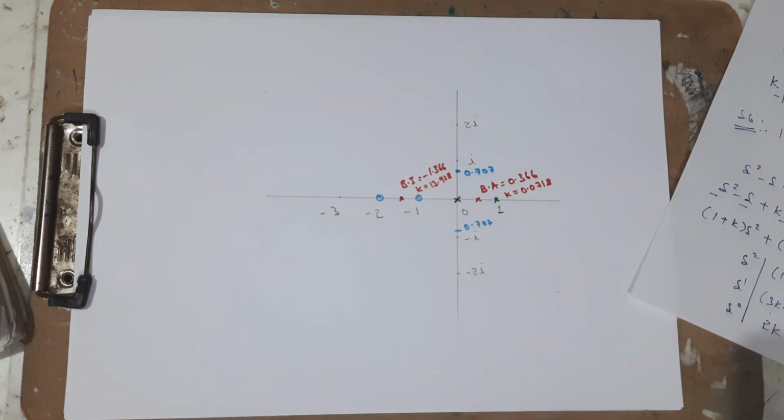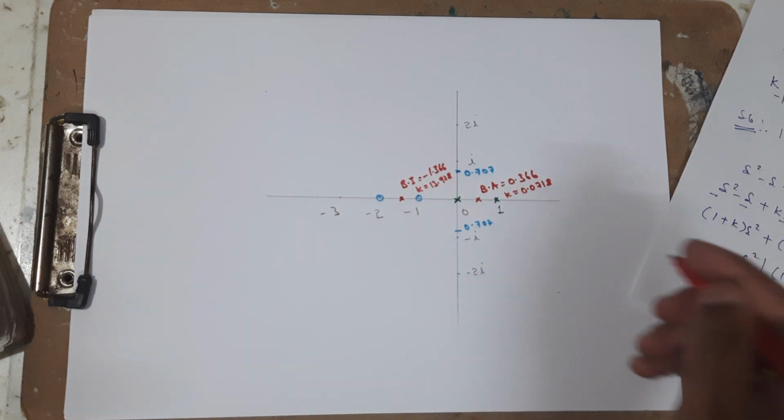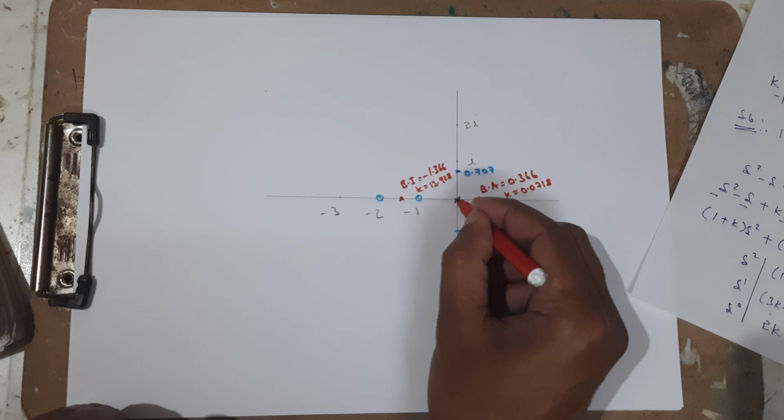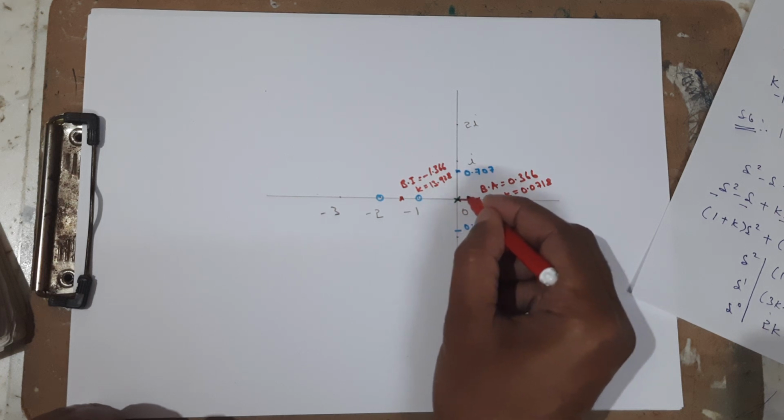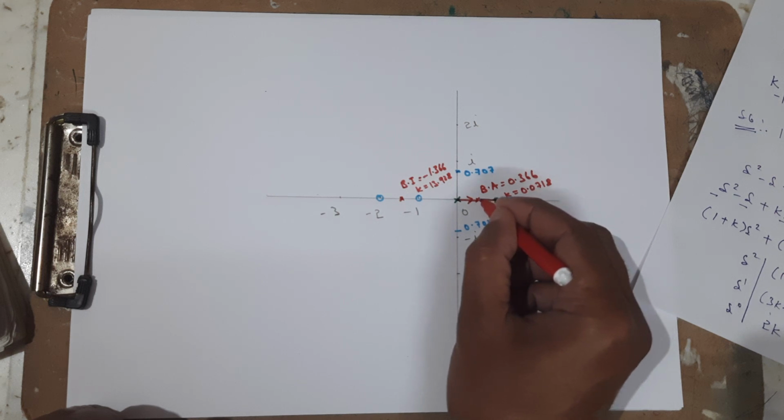Okay, so this is the intersection of root locus with the imaginary axis. As I told, always the branches are going to start from the poles. So here we have 0 and 1. So these are the two poles. So it will start from 0 and come towards the breakaway point, and also from 1.